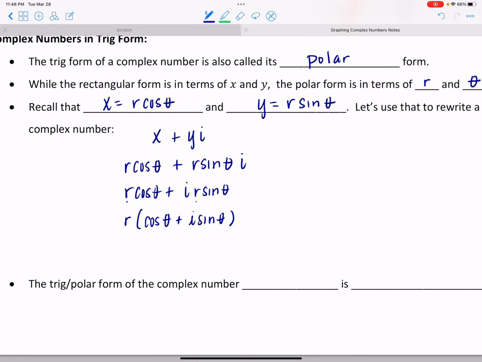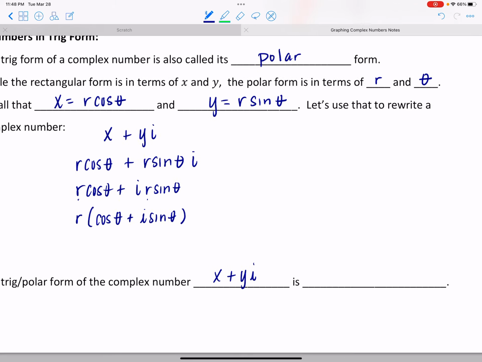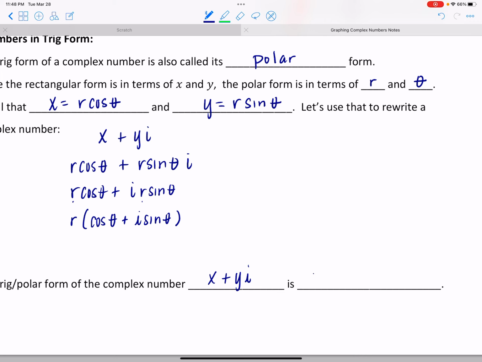So if we have a complex number, again, x plus yi, the related polar or trig form is going to be defined as r times the cosine of theta plus i sine of theta. So again, this is our rectangular form, and this is our polar or trig form. And remember, both of these, technically, I called this z earlier.